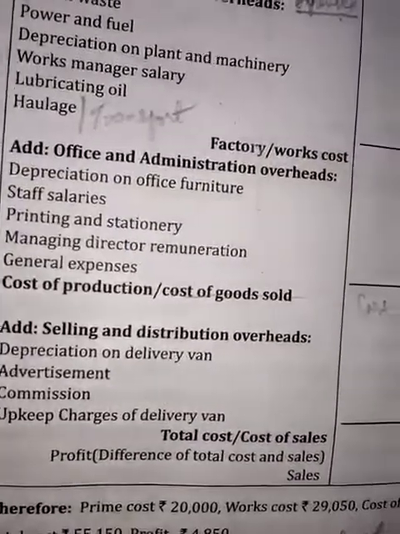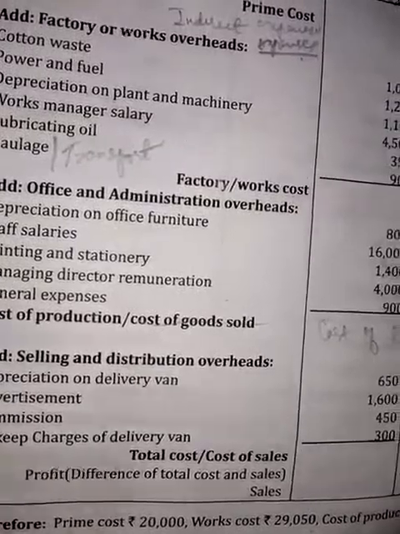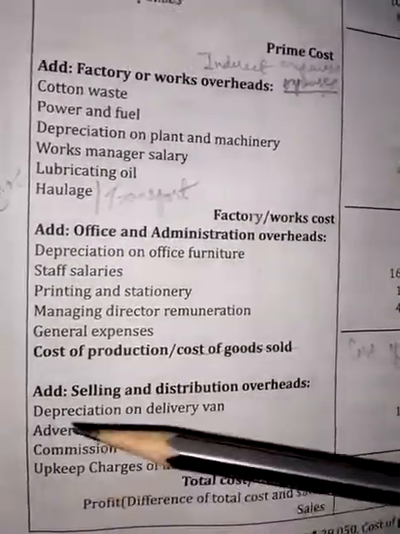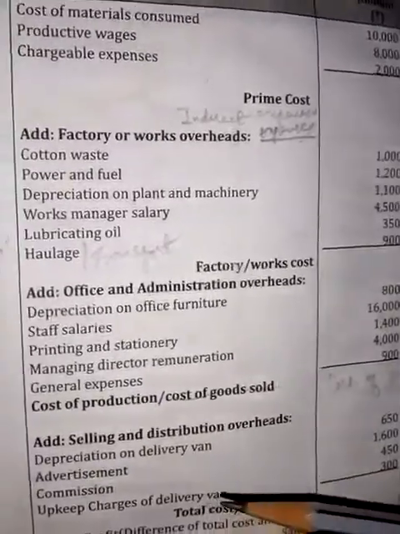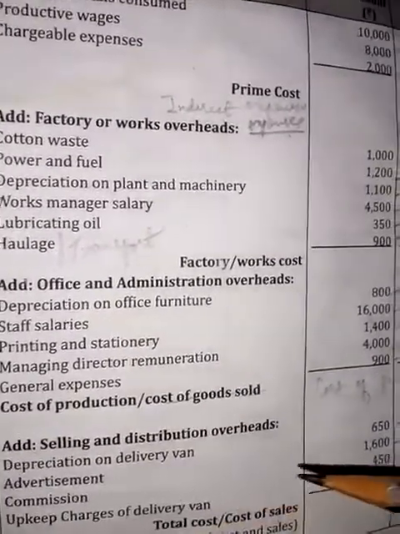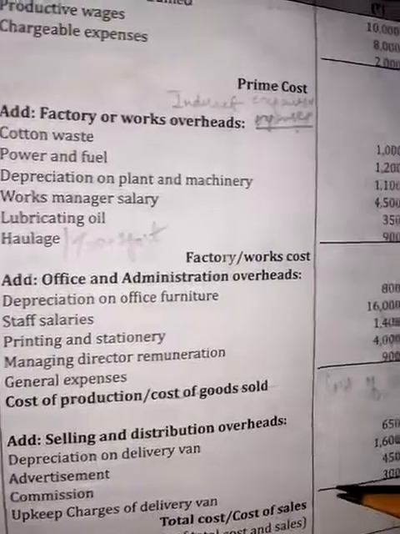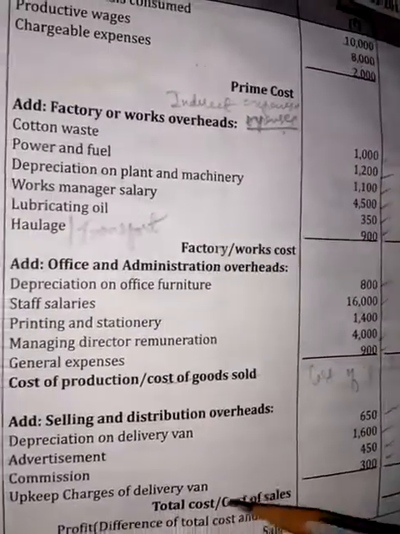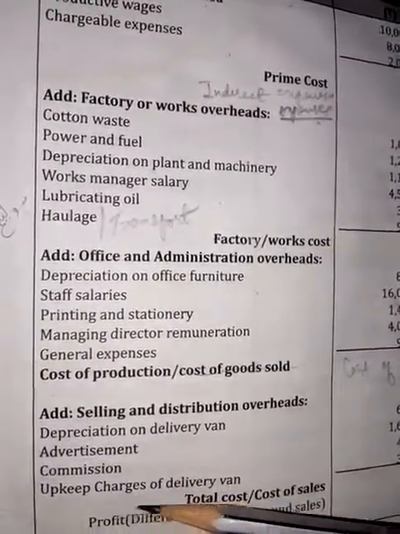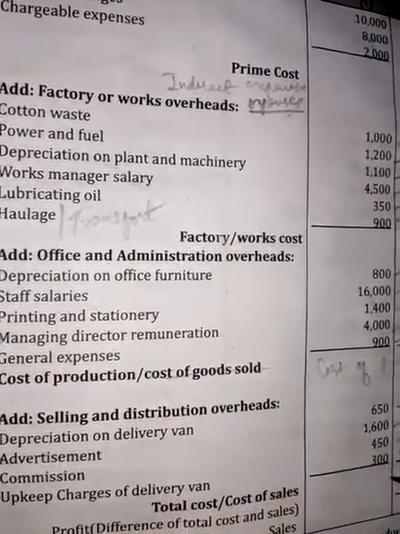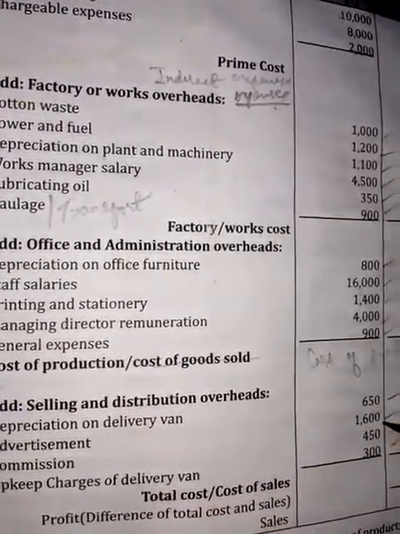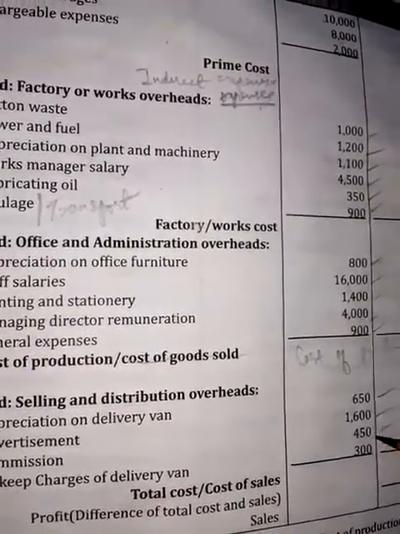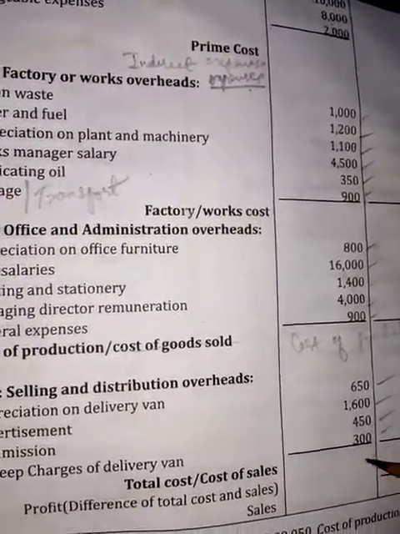And the next step is calculation of the total cost of sales by adding selling and distribution overheads. Given in this problem are depreciation on delivery van, advertisement expenses, commission, and upkeep charges of delivery van. So here depreciation 650, advertisement 1,600, commission 450, upkeep charges 300.